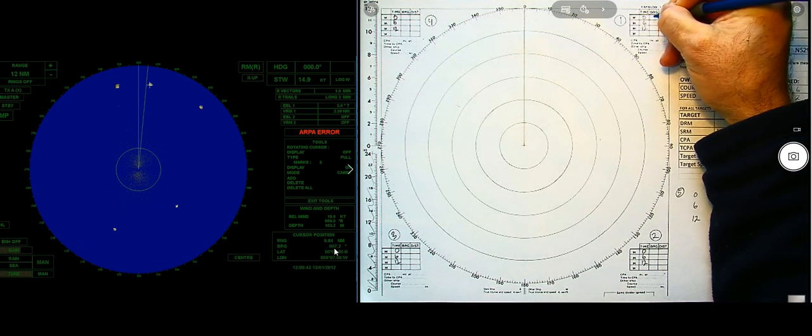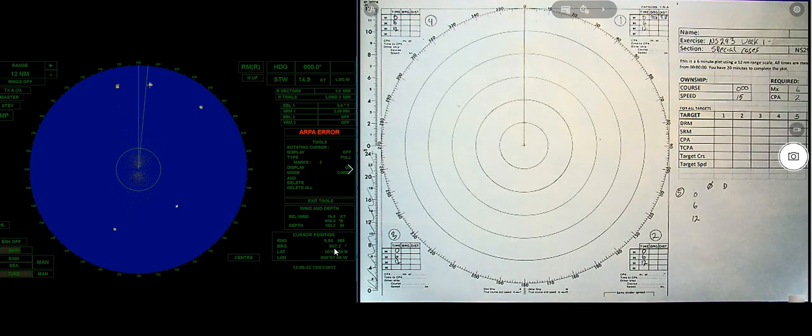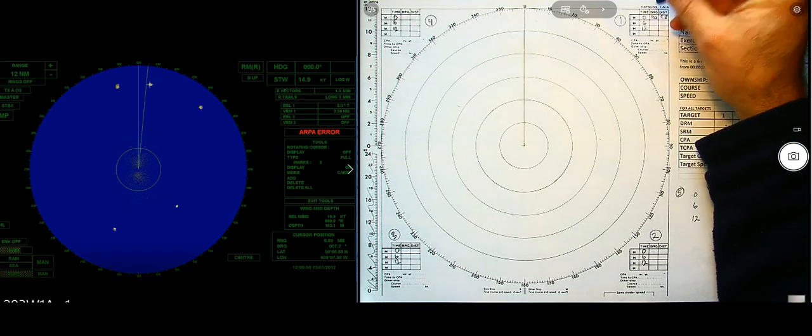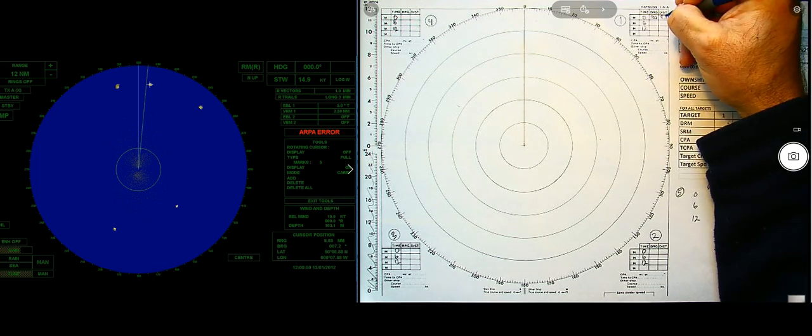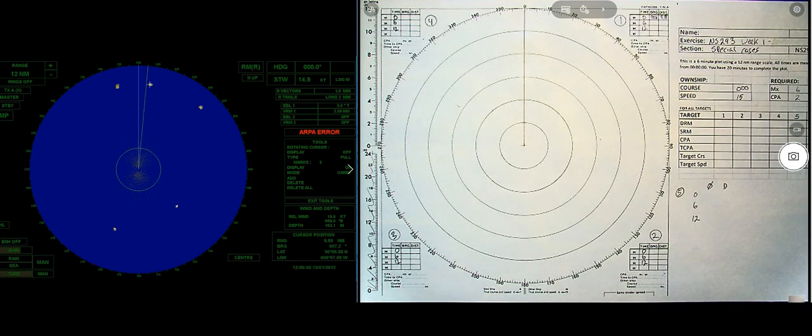So bearing is 007, 9.8. I'm going to write that down for target 1. Now I'm going to get that for target 2. Oh, I think that's actually 9.9. Not that that matters too much, but I'll make that 9.9. All right, let's see here.